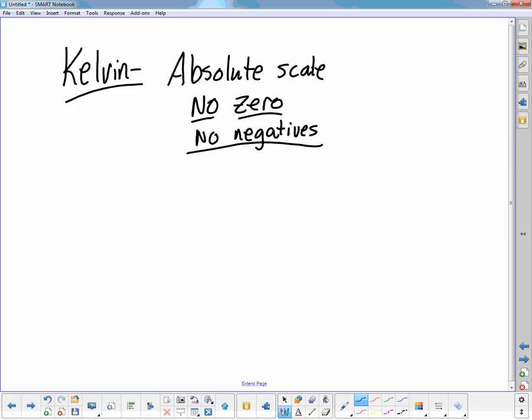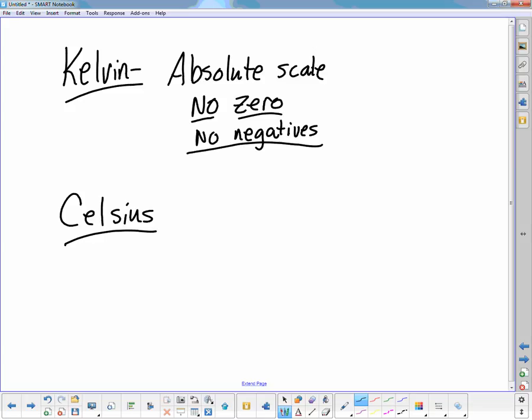If I have a negative on the bottom and what I'm solving for is mass, then I end up with a negative mass. That's sort of hard to get. Okay, so I want to have a positive number for temperature so that I can actually get numbers that count and make sense for other things. And as we go into other units, you'll see how this really is important. So it's an absolute scale. The divisions are the same as the Celsius scale.